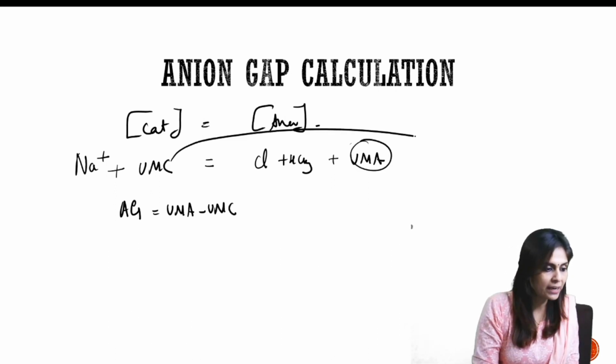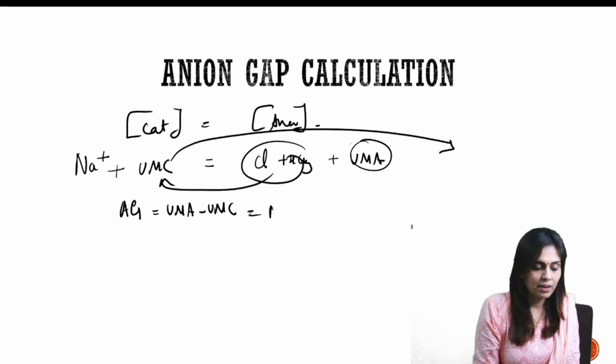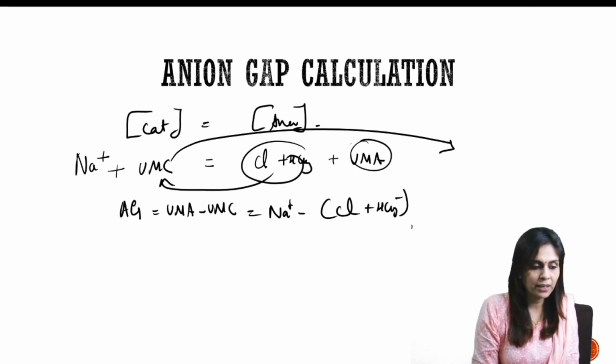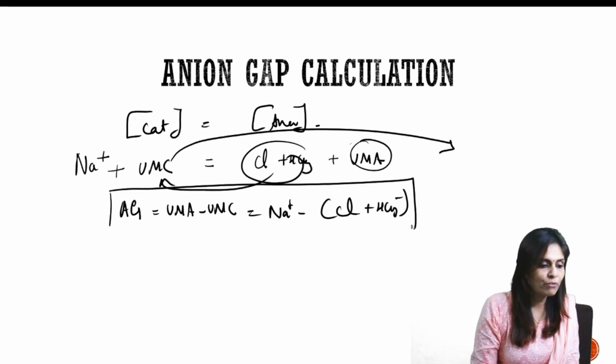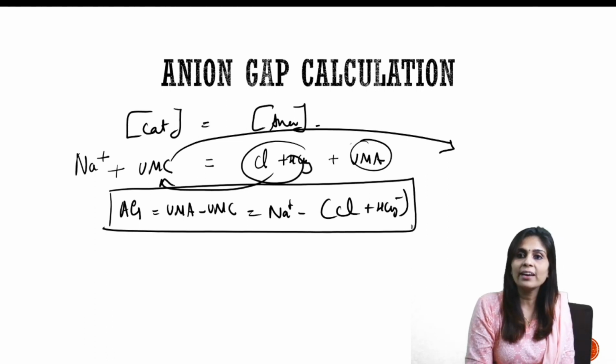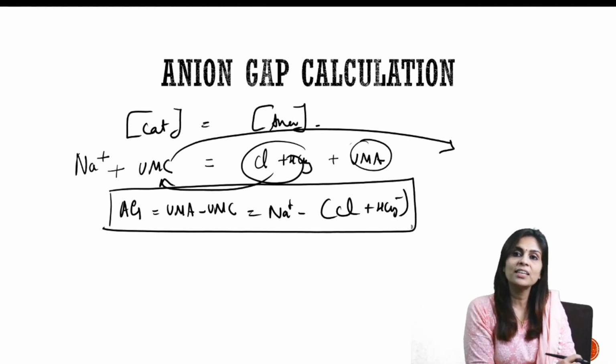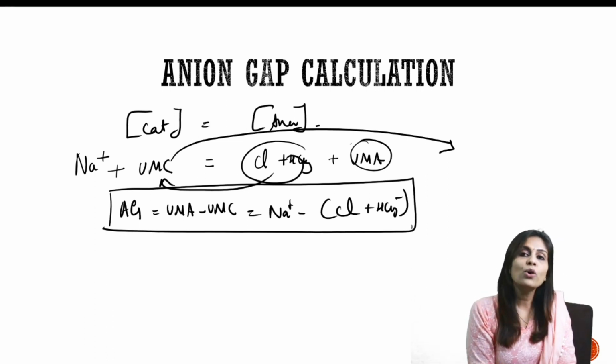Unmeasured anion minus unmeasured cation would be equal to sodium minus, within brackets, chloride and bicarbonate. So this is the formula for anion gap. So definition for anion gap is a difference between unmeasured anion and unmeasured cation. Formula for anion gap is sodium minus, within brackets, chloride and bicarbonate.